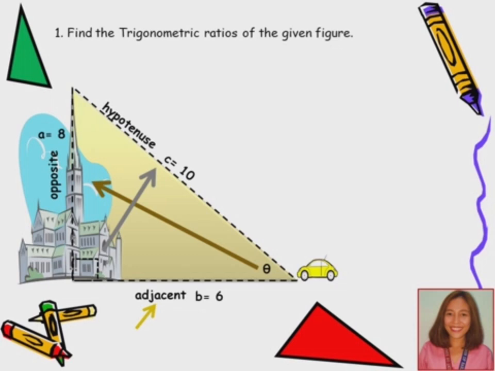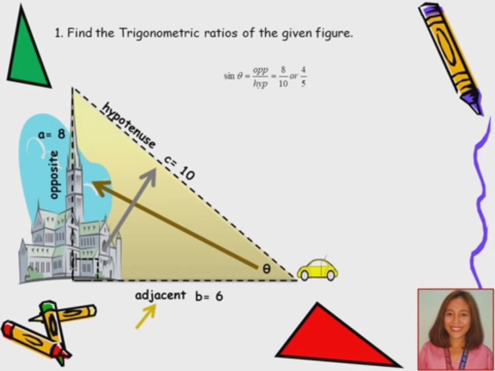Now, again, let's remember our abbreviation of the trigonometric ratios. That is SOH CAH TOA CHO SHA CAO. Let's first have our sine theta. Since sine theta is equal to opposite over hypotenuse, we will substitute the values of our opposite leg and our hypotenuse in this formula.